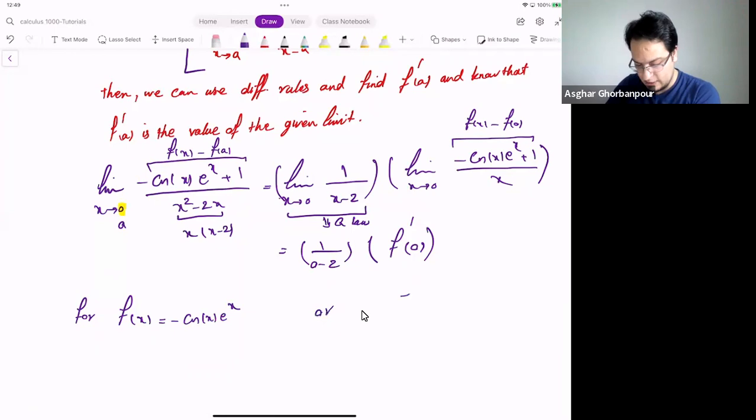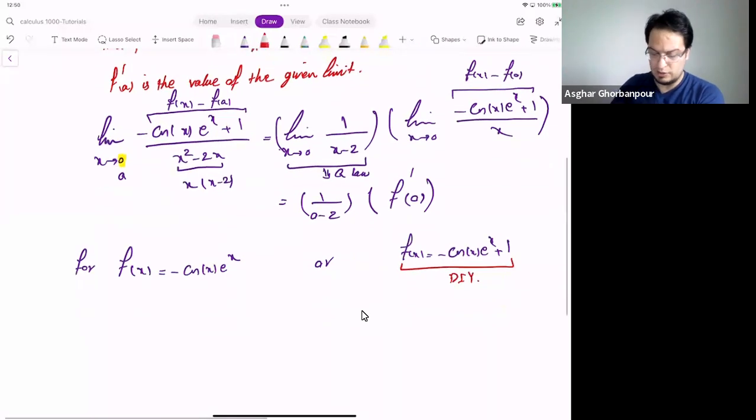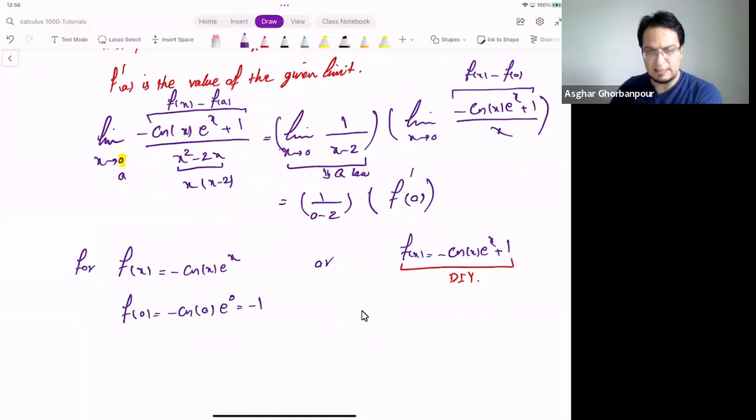Or, for example, I can assume that the function is minus cosine x e to the power x plus 1. Either way will work. I will do the first one myself, and I'll ask you to do the other one yourself. If we go with the first, f at 0 will be minus cosine of 0 e to the power 0, which is negative 1.